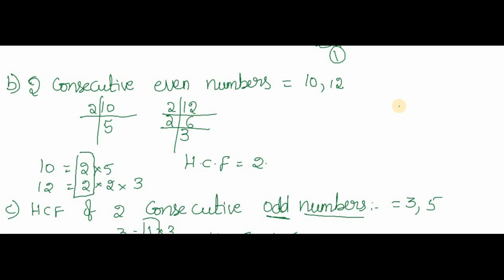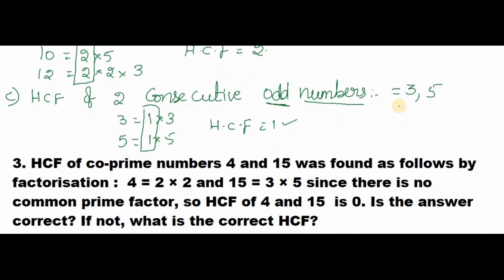So the HCF of two consecutive even numbers is 2, and in the same way the HCF of two consecutive odd numbers is 1, like how we find the HCF of two consecutive numbers.